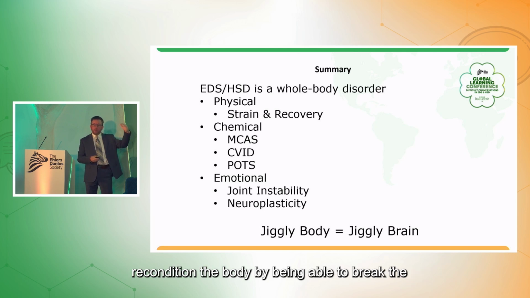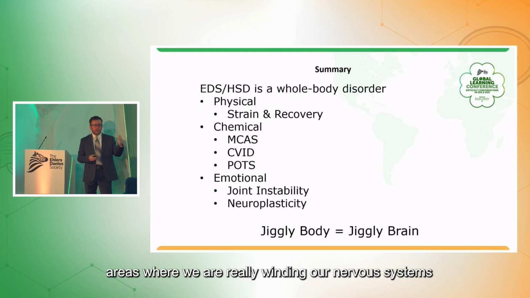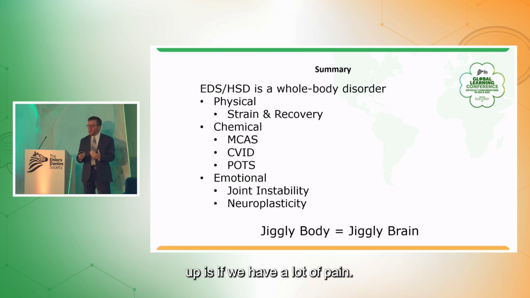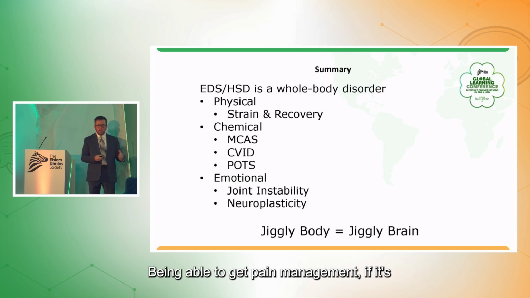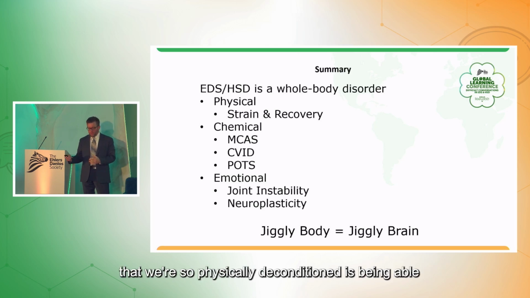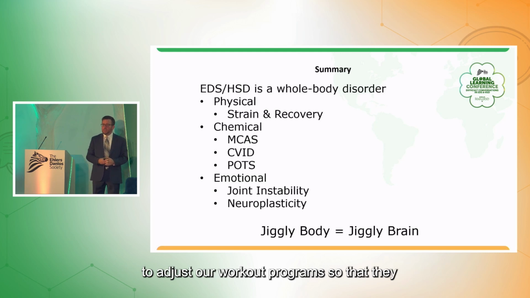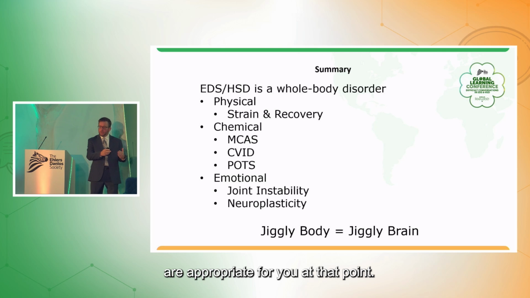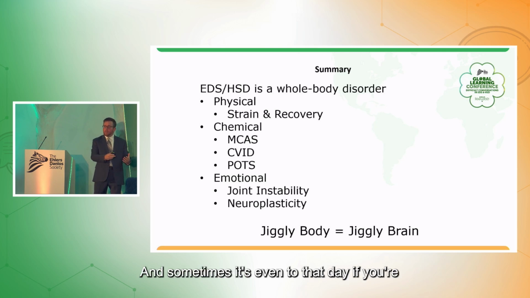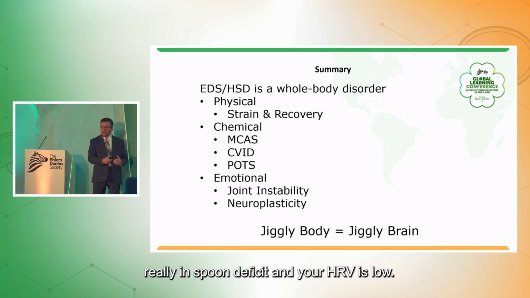And by being able to break the areas where we are really winding our nervous systems up, if we have a lot of pain, being able to get pain management. If it's that we're so physically deconditioned, being able to adjust our workout programs so that they are appropriate for you at that point. And sometimes it's even to that day if you're really in spoon deficit and your HRV is low.